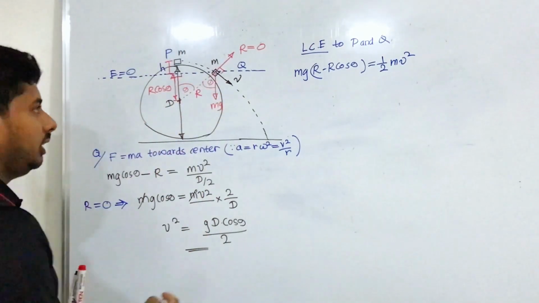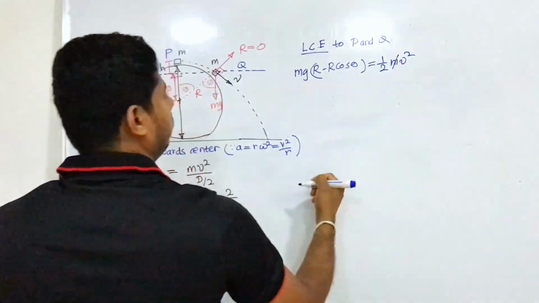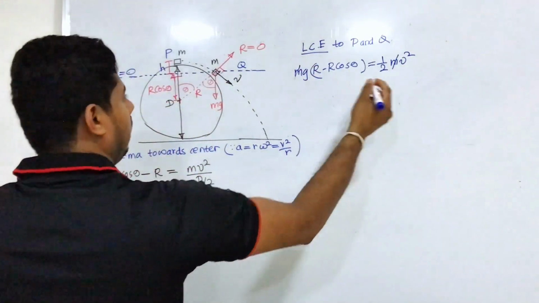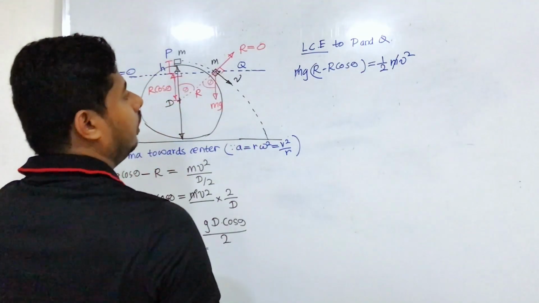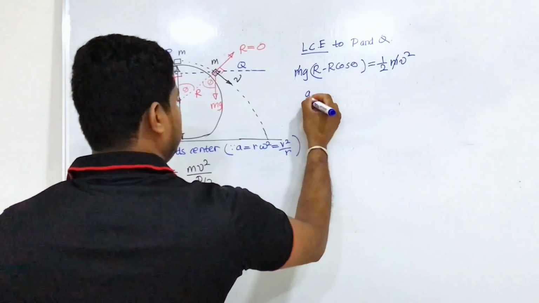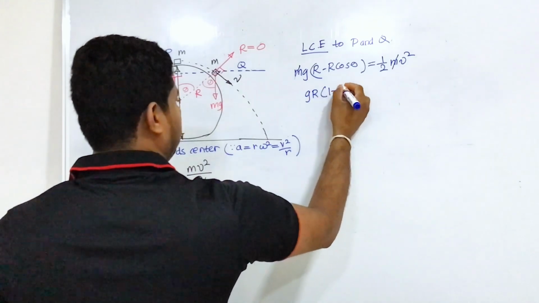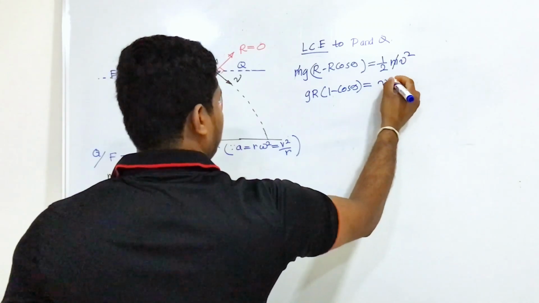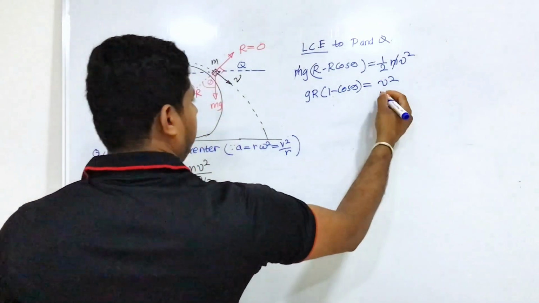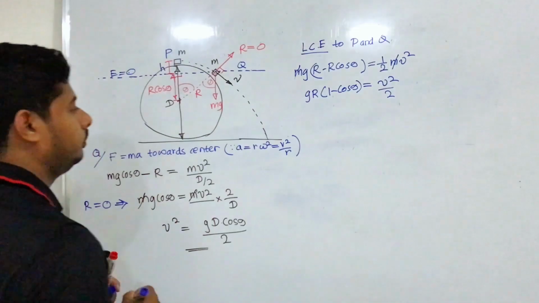Now very easily we can simplify. Here you have m, and you can take out r. So gr times 1 minus cos theta is equal to v squared over 2.